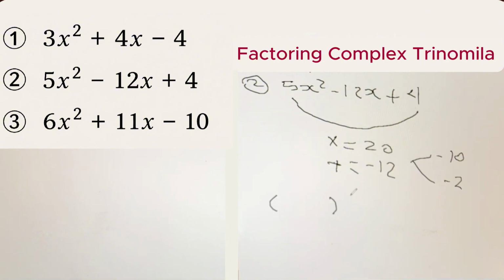Again, we put two sets of brackets with x minus 10 and x minus 2. Once we write this, it doesn't stop there, because we have a 5 in front of the x squared, so that 5 has to come down, and we divide this 10 by 5 and this 2 by 5, which gives me x minus 2 for the first one, because 10 divided by 5 is 2.